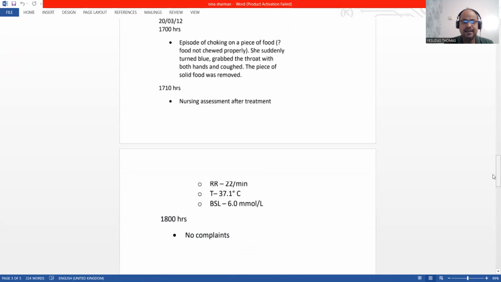So what we have to say is the recent medical history: the episode of choking on a piece of food which was not chewed properly. You can see that she was grabbing the throat with both hands and coughing, and the piece of solid food was removed.